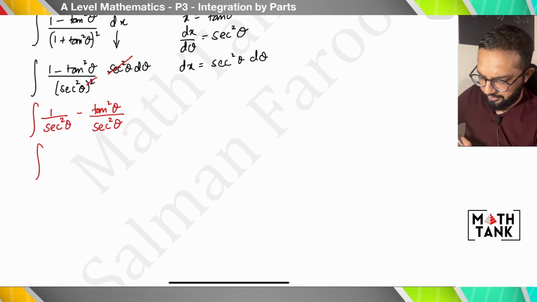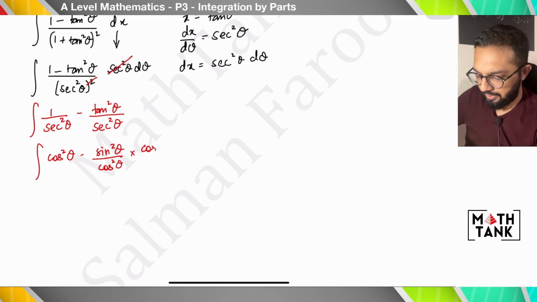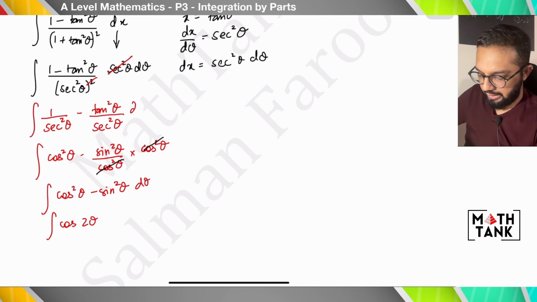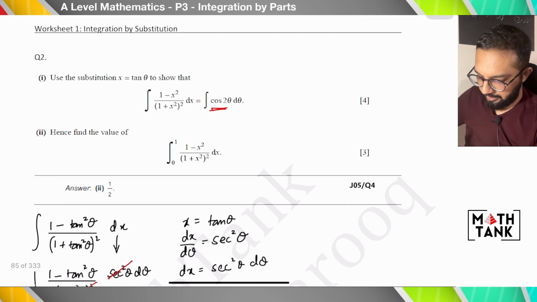If I change tan into sine square theta over cos square theta, and there's a sec square theta in the denominator, which means it's 1 over cos square, so that comes up in the numerator, and this cancels out with that. I'm left with cos square theta minus sine square theta, which is essentially cos 2 theta d theta. That is what the question was asking me to prove.